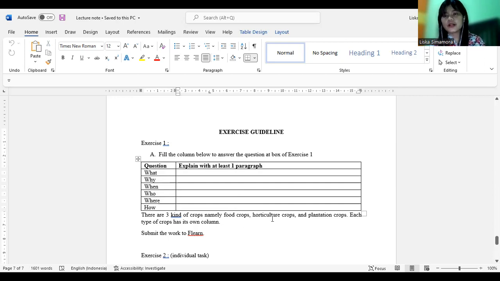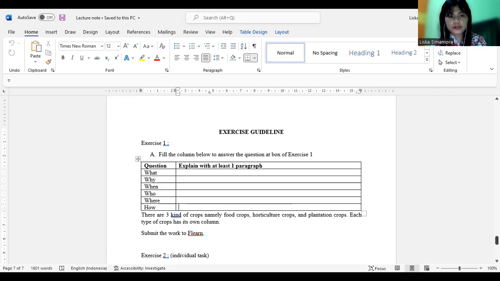The second table to identify the problem faced by horticulture crops. And the third table to identify the problem faced by plantation farmers. These you have to submit into our flexible learning website.